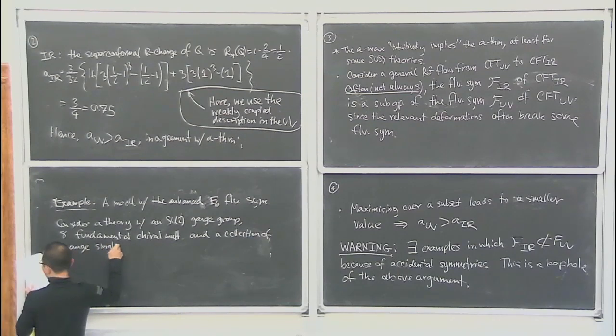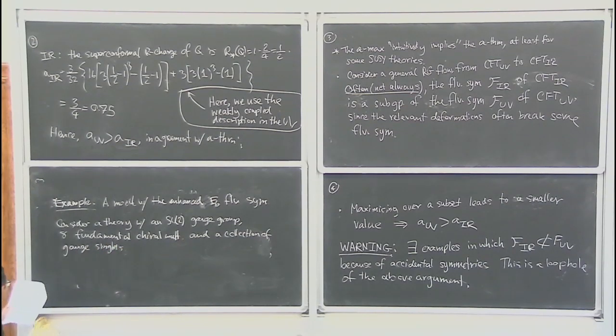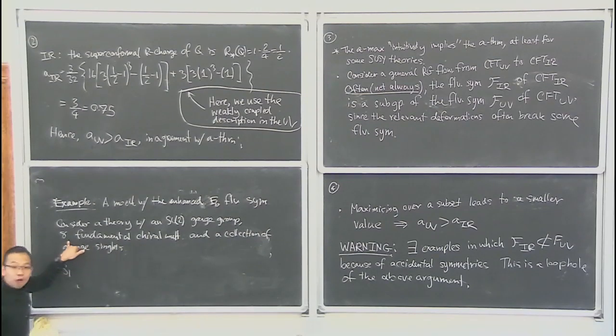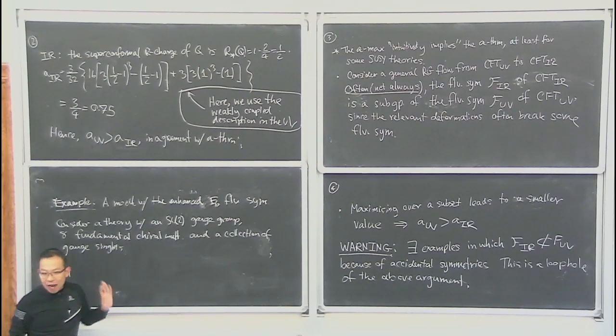Okay, I will tell you more detail. So basically what I'm saying is that you have an SU2 gauge group, basically what we call 4 flavors. So it has Q in 4 and Q tilde, if you want to think in that way. So it has 8 fundamentals, but now I will add a lot of singlets.